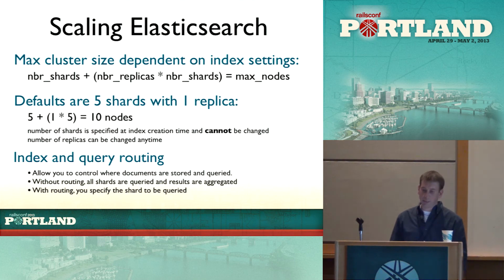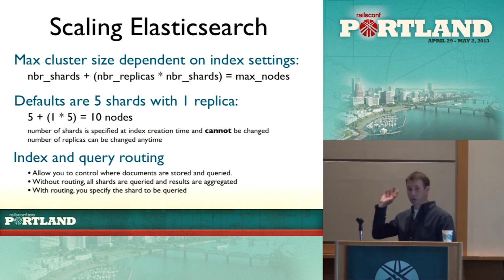So keep those things in mind. You can always increase the number of replicas, and so the most common use case is you're going to actually be doing more queries than more indexing. And so those are easy to increase after the fact and scale your node even more.